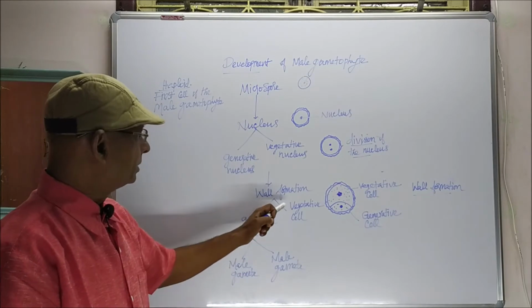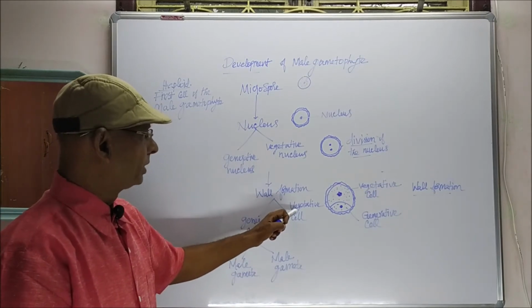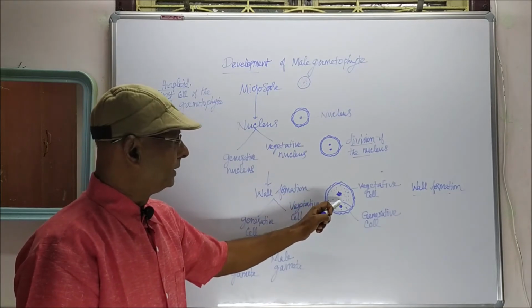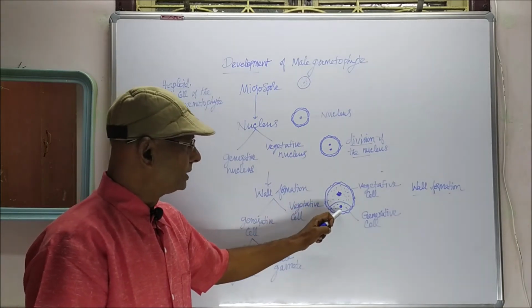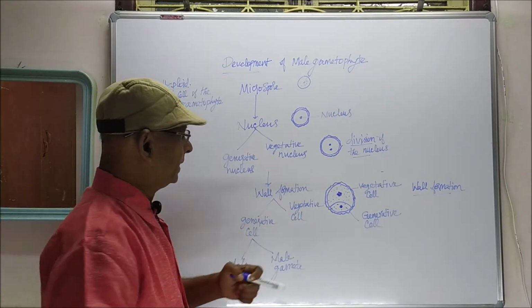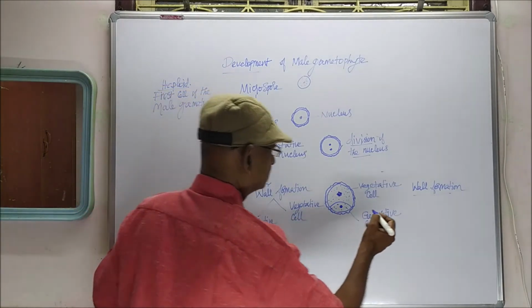So this is the two-celled stage of the pollen grain. After the wall formation, the pollen grain is divided into two cells. One is generative cell, another one is vegetative cell. This is the two-celled stage.